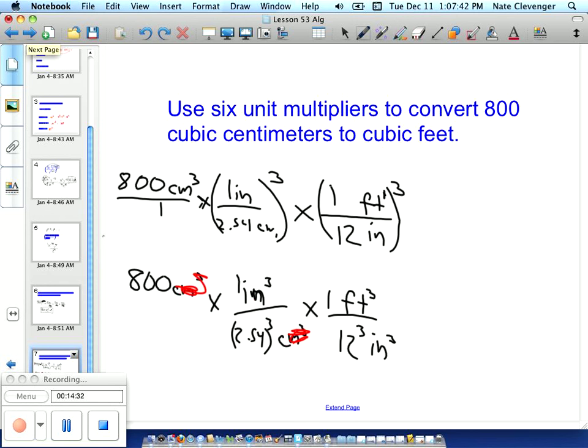That allows us to get rid of this and this. So your answer is 800 over 2.54 cubed times 12 cubed feet, oops, not feet, but feet cubed.